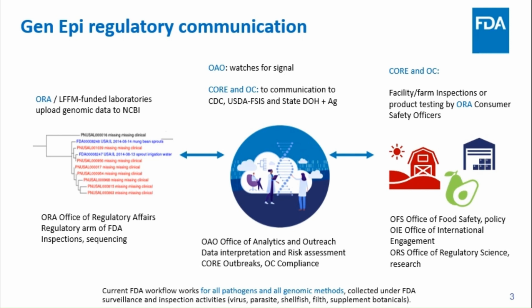And they may ask for additional inspection, which goes back to the ORA, or depending on what they find during the root cause of the outbreak, this may become policy. So these are other offices, or if it involves international firms, then that includes our Office of International Engagement.